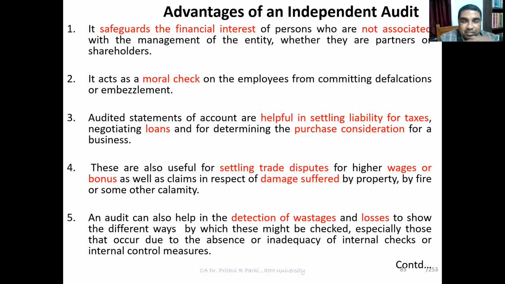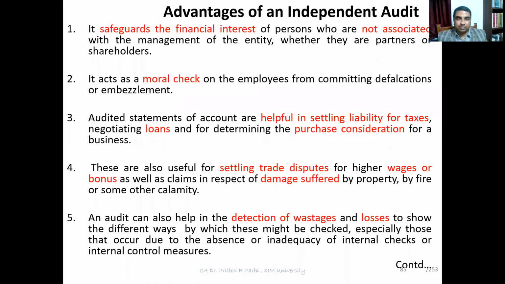Third thing is that audited statements of accounts are helpful in settling liabilities for taxes, in negotiating loans, and in determining the purchase consideration for a business.